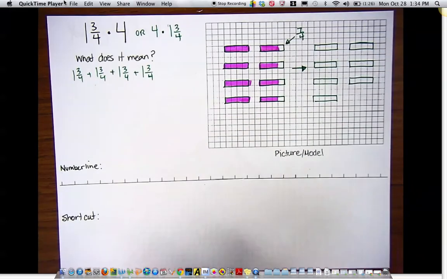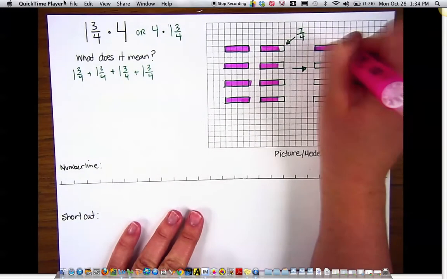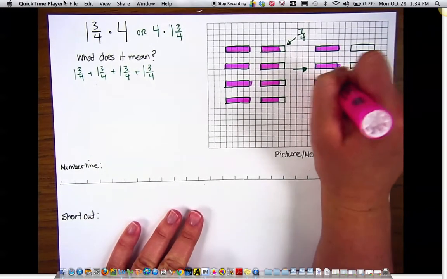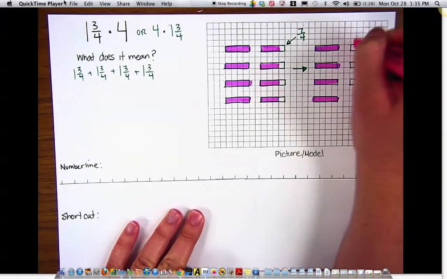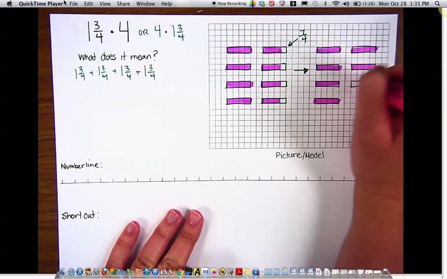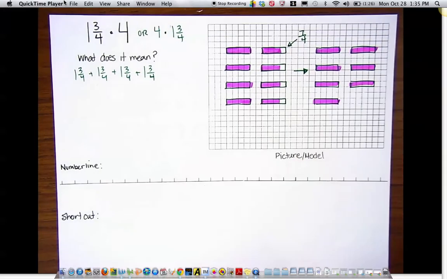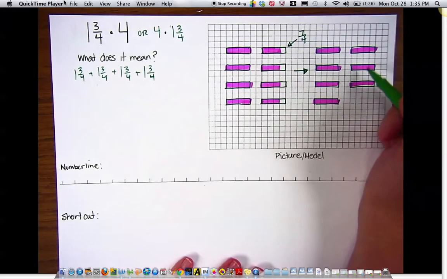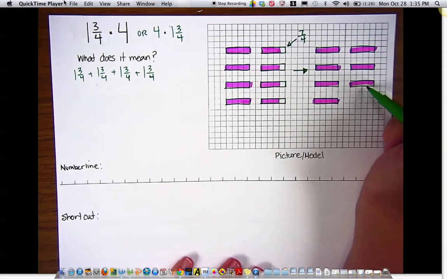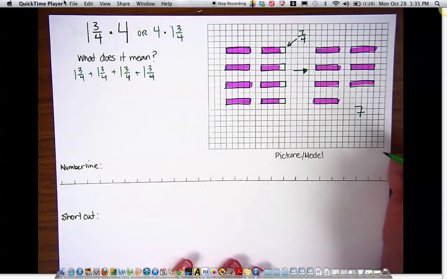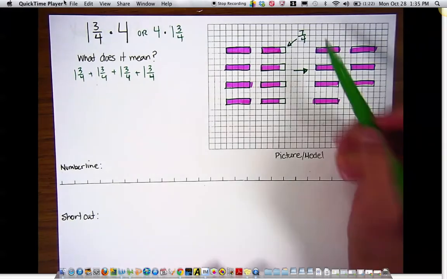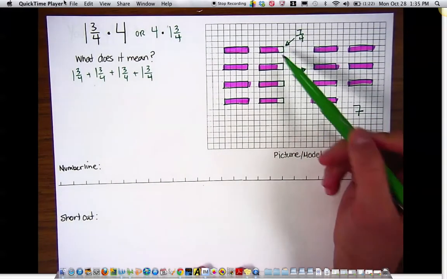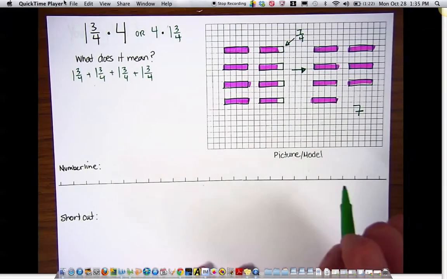So I'm going to go ahead and color those in. And it appears as if I have 1, 2, 3, 4, 5, 6, 7. I have 7 whole in this problem. So 7 fourths times 4 gives me 7 whole.